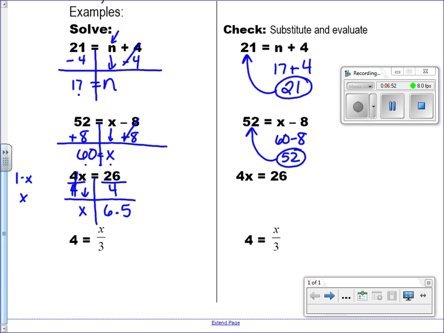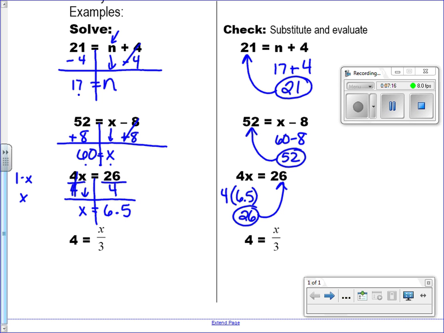So I said x equals 6.5. Now I need to substitute that in here. 4 times 6.5, using my calculator, I get 26. Sure enough, that answer works.